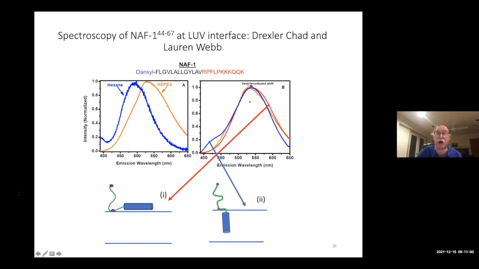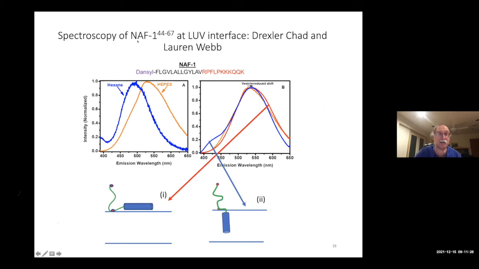After a while, they see a shift into red, the red line here. The orange line is essentially the same as in aqueous and HEPES solution. The shift to the red can be interpreted as the peptides situated at the surface of the membrane having strong interaction with the charged phospholipid group, and therefore pushing the spectra into the red.